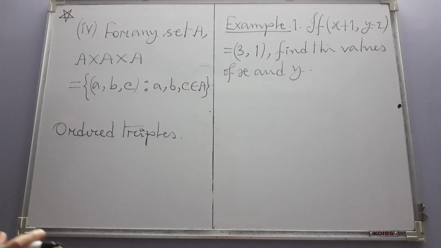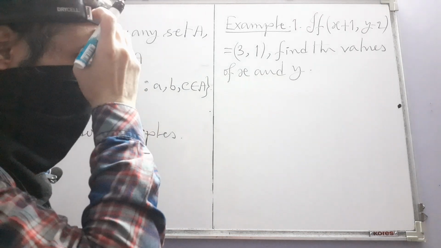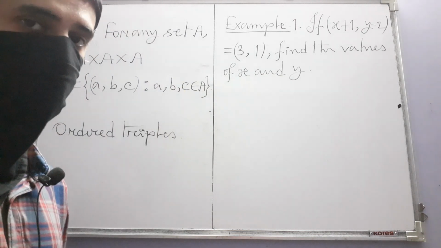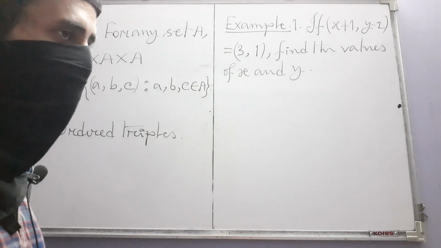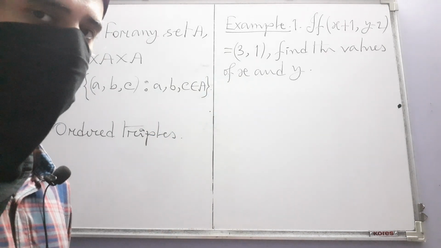And here you have to use the condition for the equality of two ordered pairs, namely their first components have to be equal and their second components have to be equal.